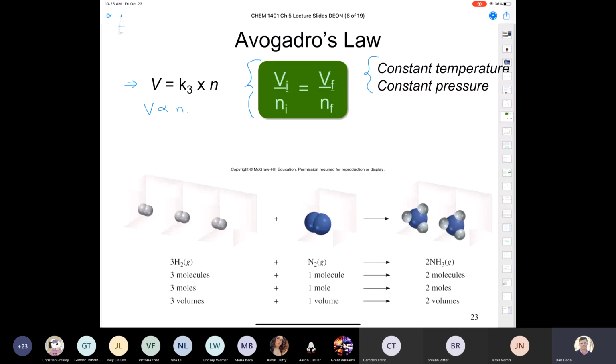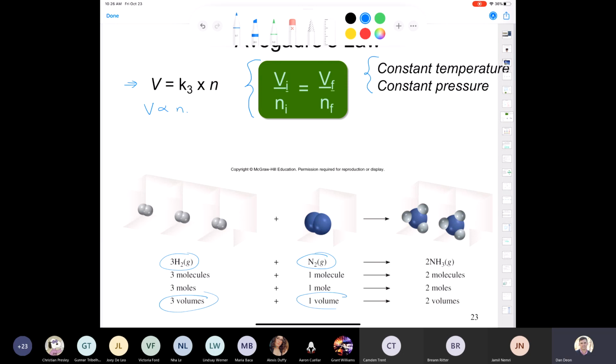So if we combine 3 moles of hydrogen gas, let's say, with 1 mole of nitrogen gas, we end up producing 2 moles of ammonia gas. But you see here that the 3 moles of hydrogen take up 3 volumes. The 1 mole of nitrogen gas takes up 1 volume. So you're adding up a total of 4 volumes of these 2 gases together, and you only end up with 2 volumes of gas.